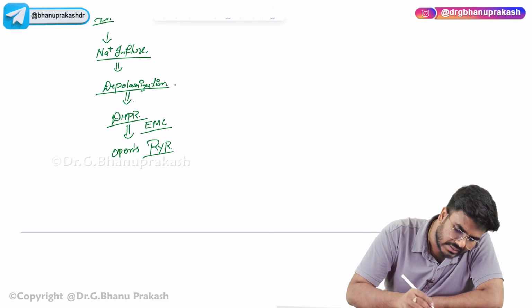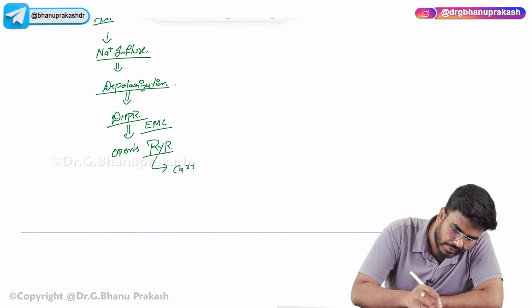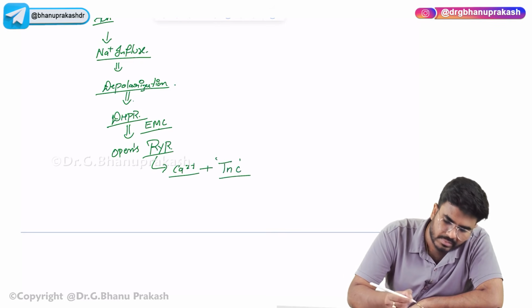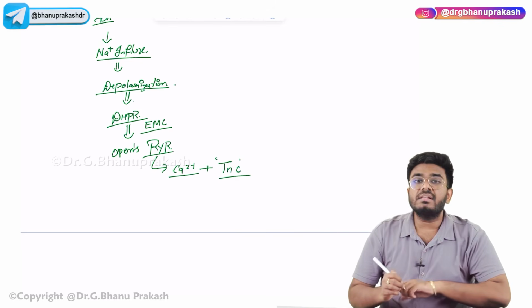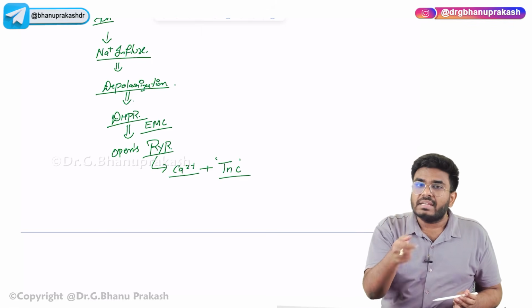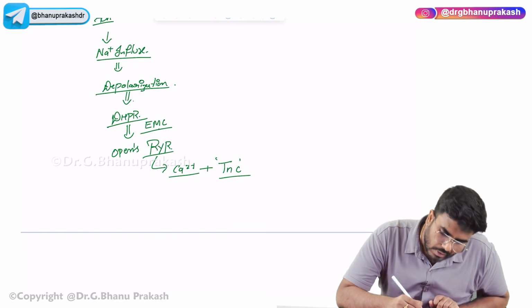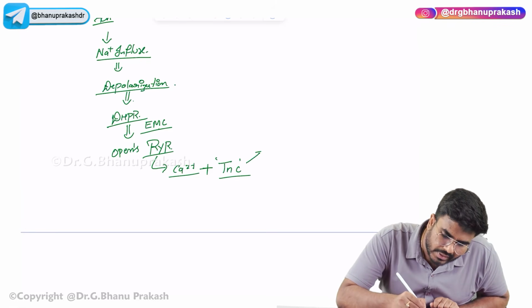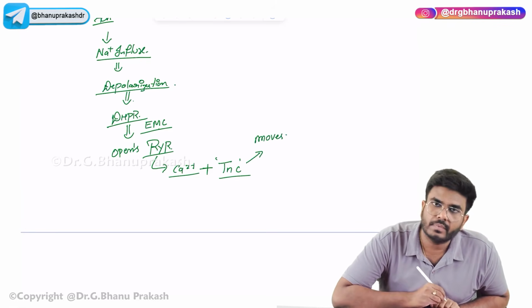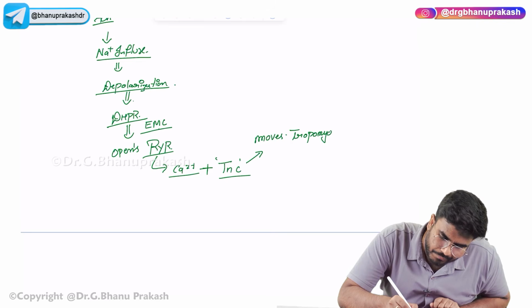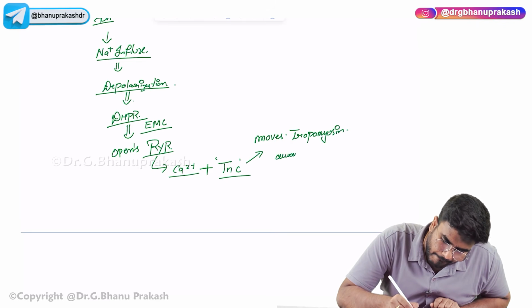Now once the RYR channels are opened, calcium comes into the cell. Now what will this calcium do? Calcium will go and bind with troponin C. Once the troponin C is bound with calcium, troponin C moves tropomyosin away from the active sites.